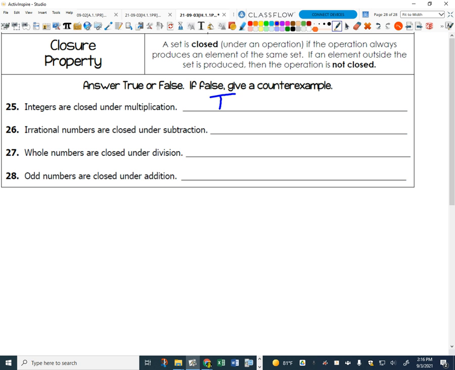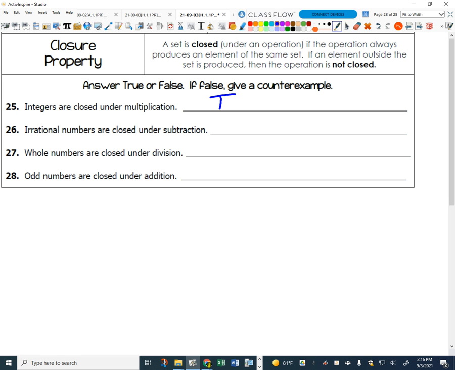We can think of lots of examples where it is true. Like pi minus the square root of 2, that's irrational, right? Square root of 3 minus the square root of 2 is irrational. So there's lots of examples that would indicate it's true. Can anybody think of one counterexample where it's not true?